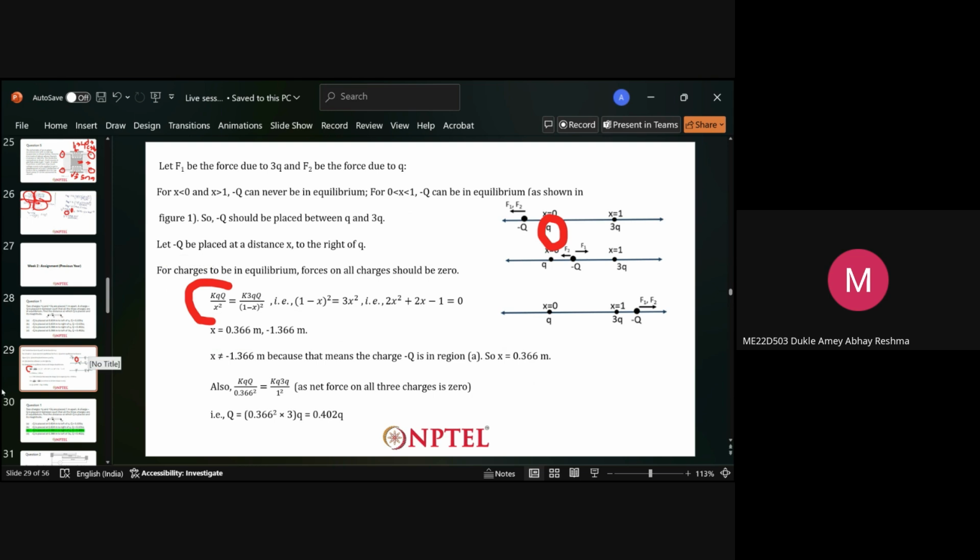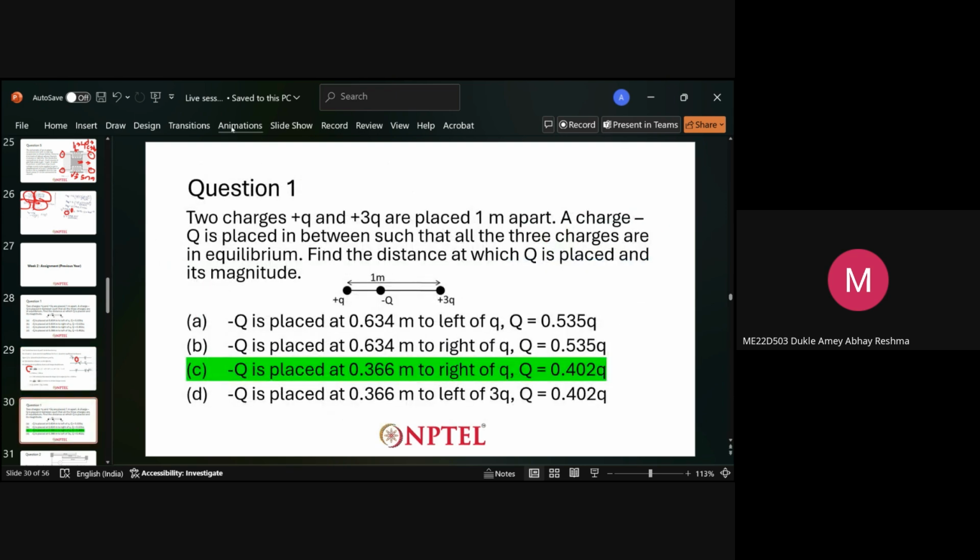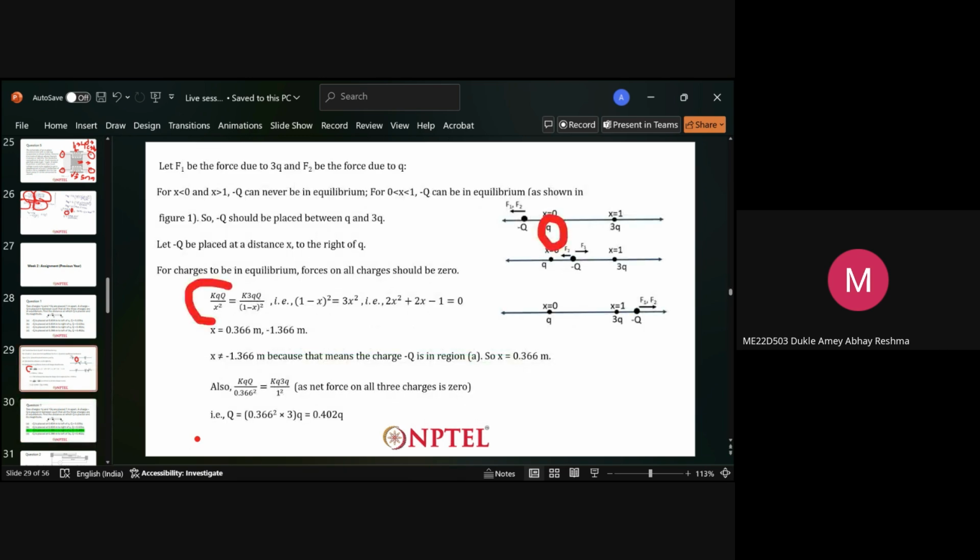Then we get the equilibrium value of big Q as 0.402 Q. So the answer is C: minus Q, the negative charge, is placed at 0.366 to the right of q, and Q is equal to 0.402 q. Anyone not able to understand this, please let me know.